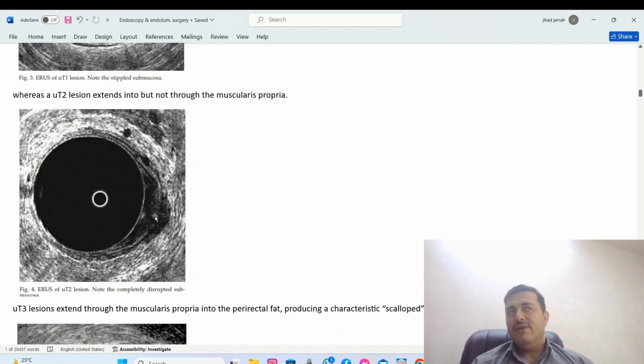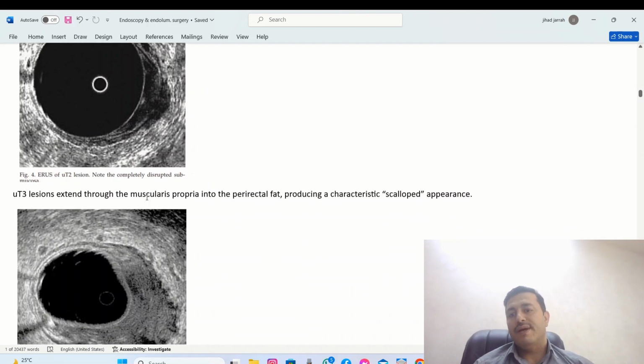I don't think it falls in the interest of the general surgeon to read, but I think it's nice to remember at least. You can see the muscularis propria is intact, not breached.